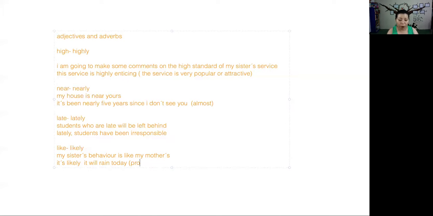So it's probably, or it's probable. Probably it would rain today. If I said these two different sentences, I'm saying the same, but I'm using likely, and a synonym of it would be probably. So we have these examples, and you can write other examples.